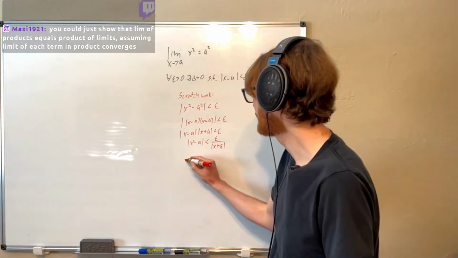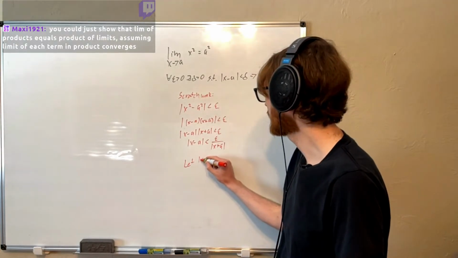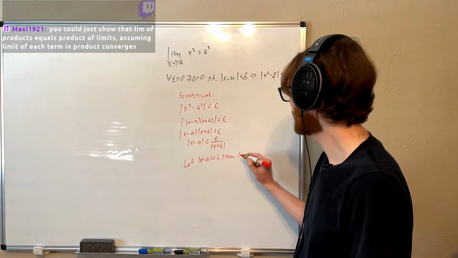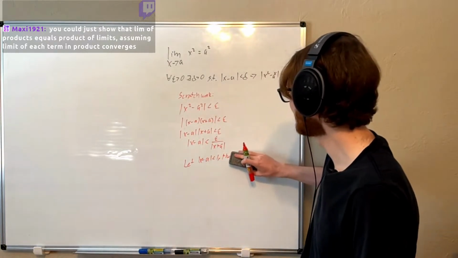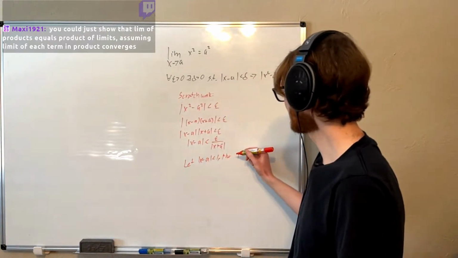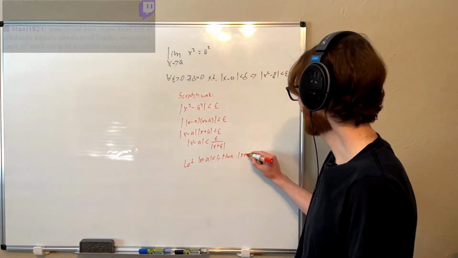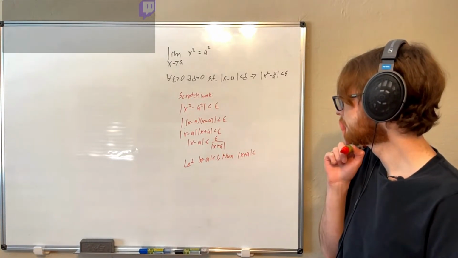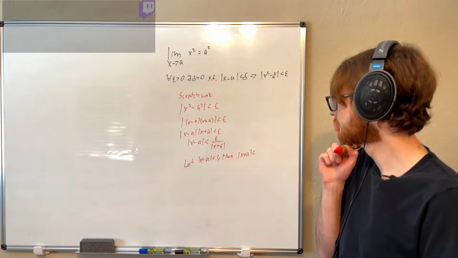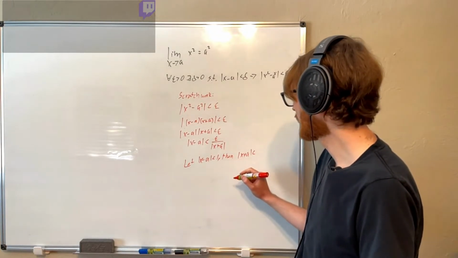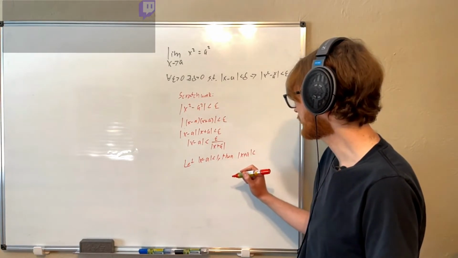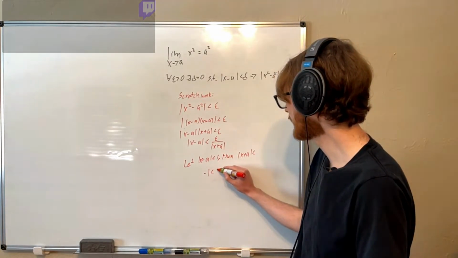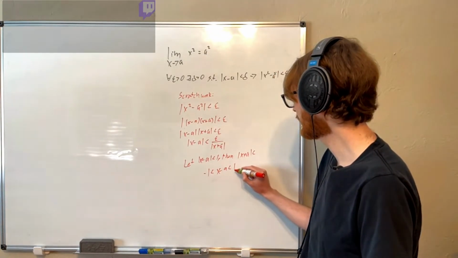So let x minus a be less than 1, then x plus a is less than something. Rather than do the number line way, let me do it this way again and see if it makes sense.